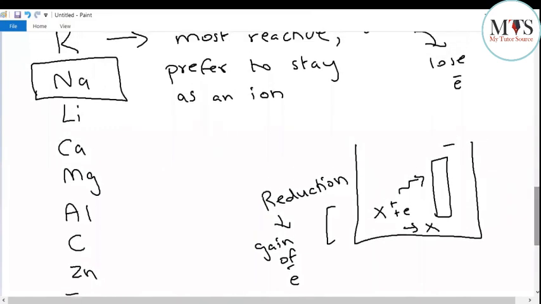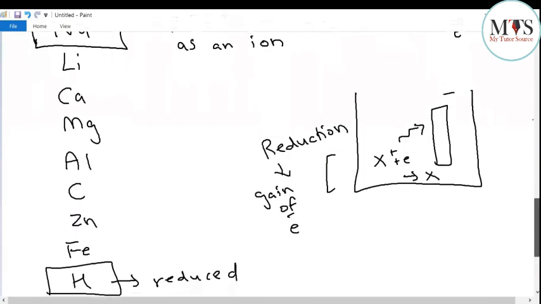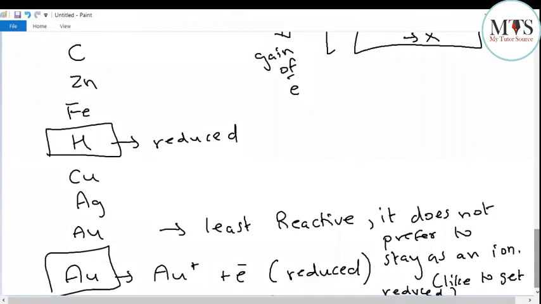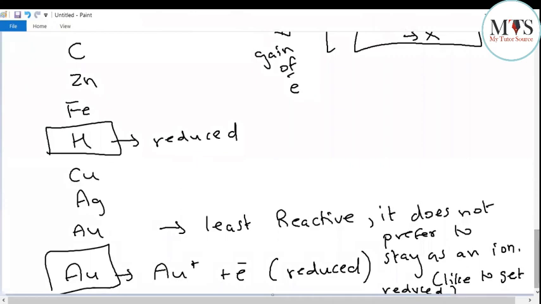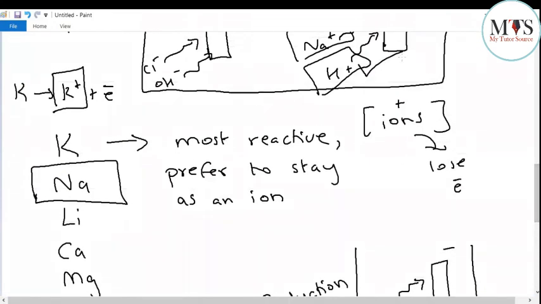Yes, very good, you're right. And what about sodium? Sodium is more reactive and is preferred to stay as an ion. Hydrogen is less reactive, and you can change it from an ion. Exactly. You're absolutely right. So very good. You have understood the concept correctly.